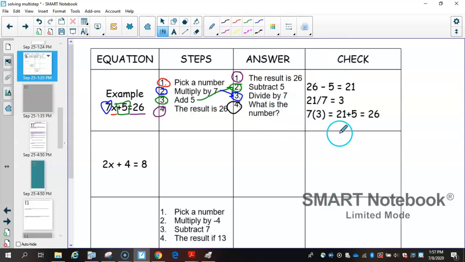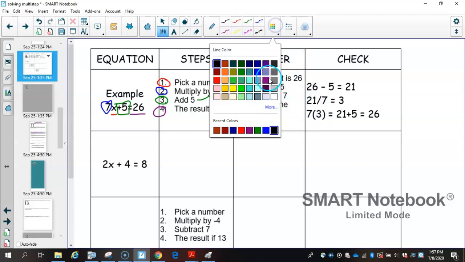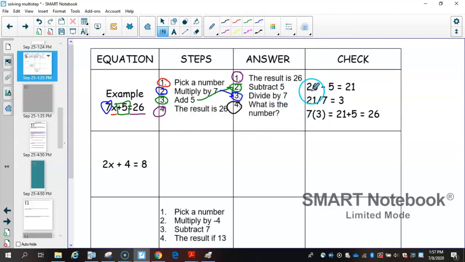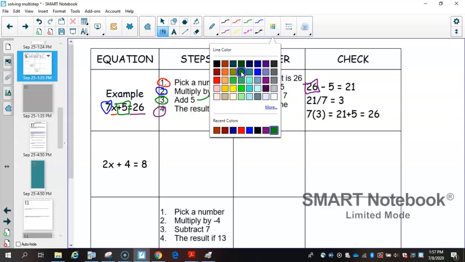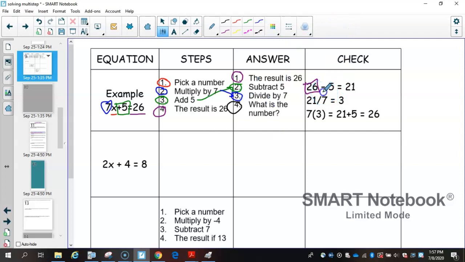Now, in this check column, it's doing two different things. The first thing it's doing is taking whatever you put in the answer box and working that out. So, again, I'm going to color code this. So the result is 26. Subtract 5. Here, this is just saying the answer when you subtract 5.